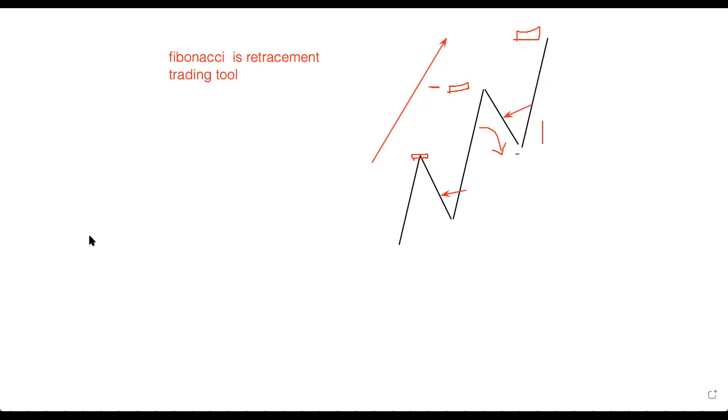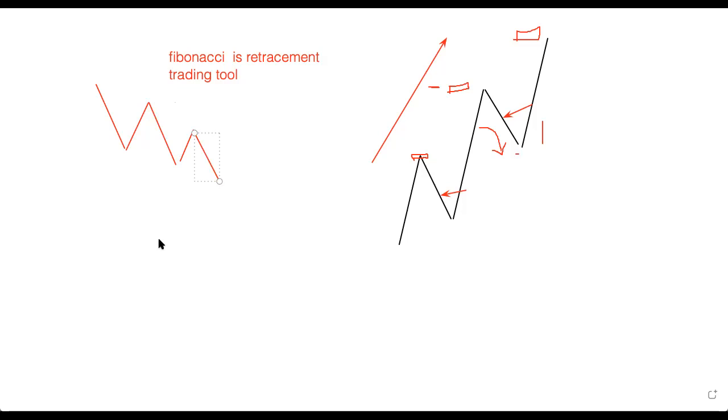Say we are in a downtrend, whereby we'll be breaking our highs and our lows. Remember we said breaking of these highs and lows gives us confirmation that our trade is actually going in a downtrend or in an uptrend.